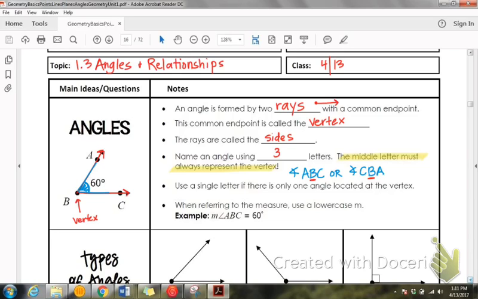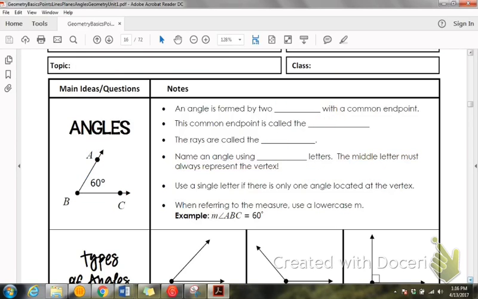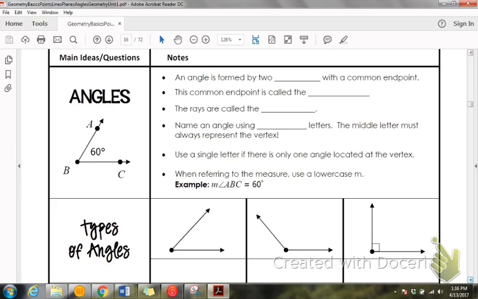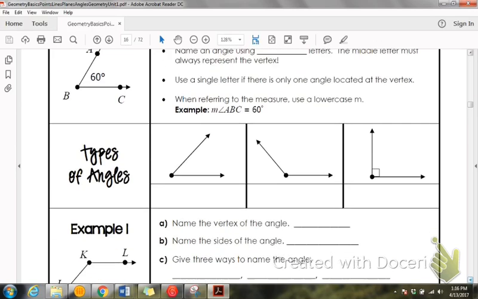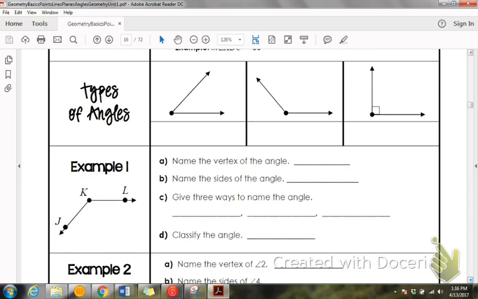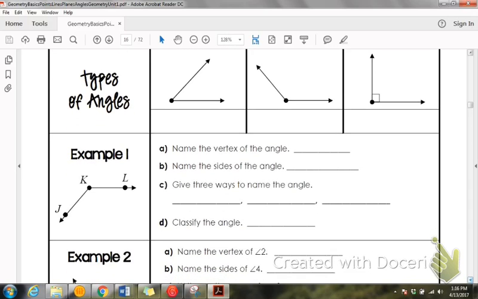Types of angles that we have. You have heard that some angles are 90 degrees. Which one of these pictures is a 90-degree angle? Anyone know? Ashley? The third one. What gave it away?